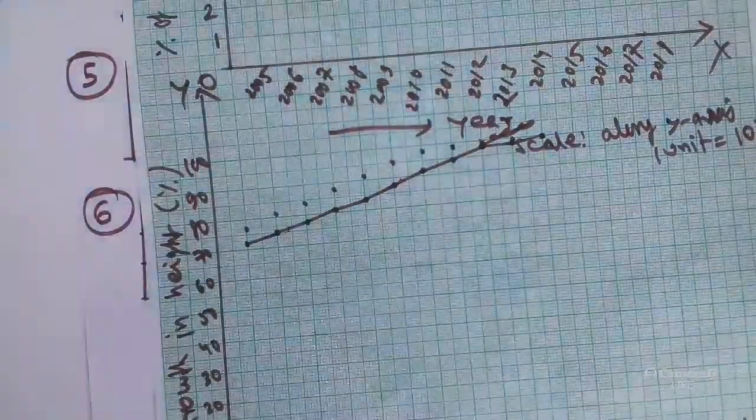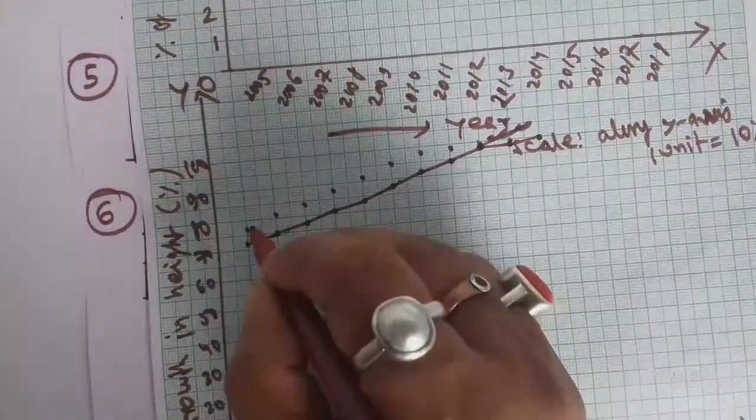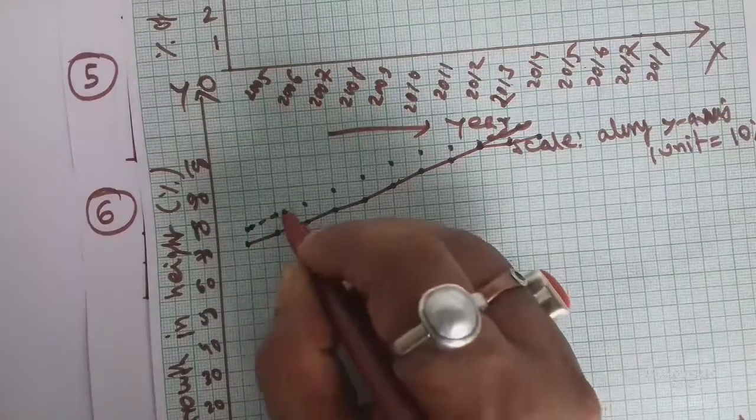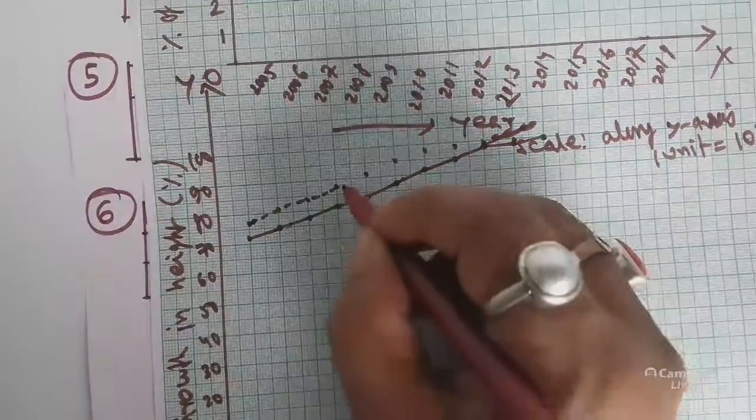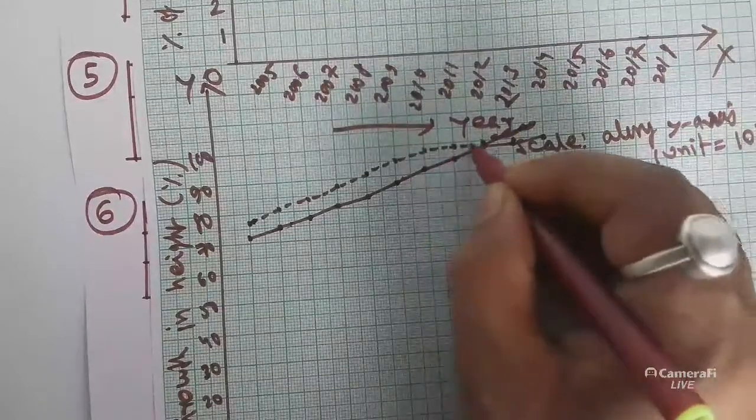Now we have to join these points using a dotted line. We have to draw one dotted line for these particular points.